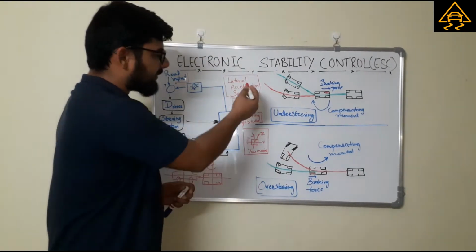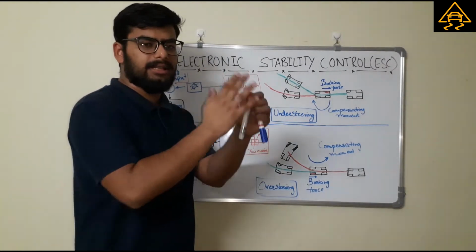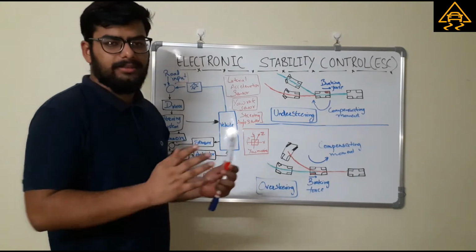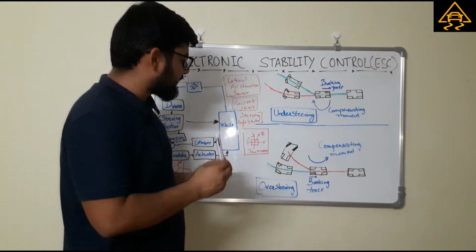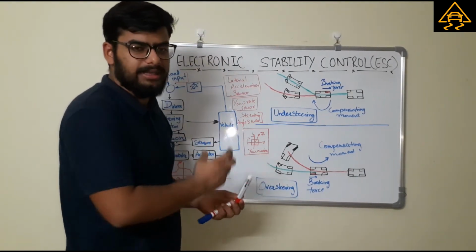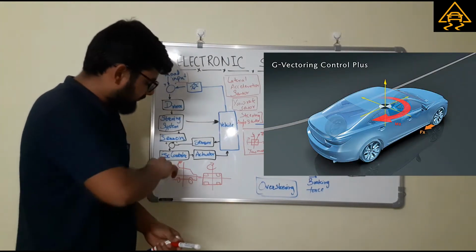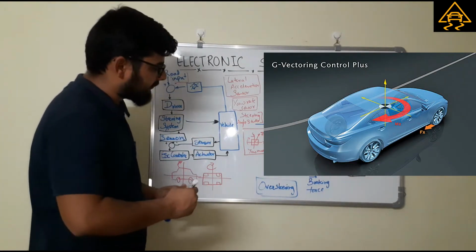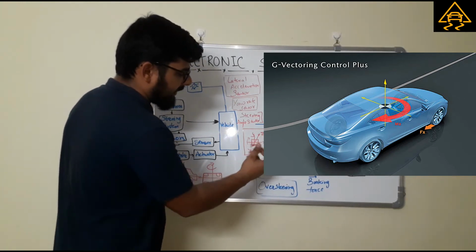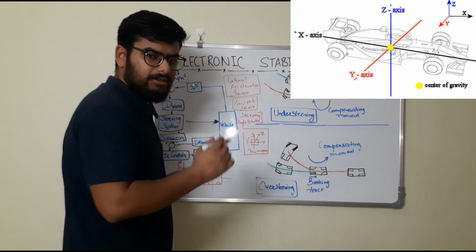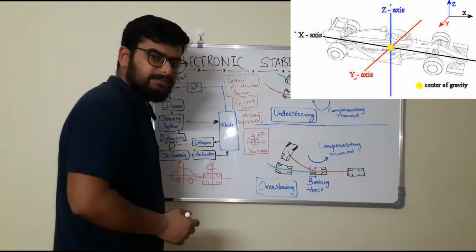The lateral acceleration sensor measures the lateral acceleration of the car, and then we have the yaw rate sensor. Briefly, yaw rate means the movement of the car around the z axis. If we consider this as a vehicle, the x axis is the lateral axis, the y axis is the longitudinal axis, and the z axis is the vertical axis.